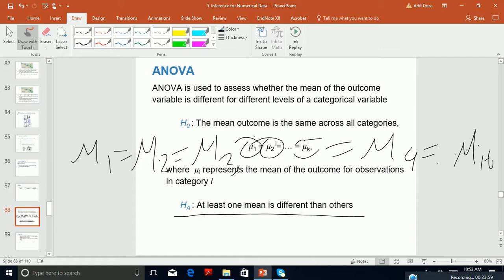They say it should be about the same in Michigan, Ohio, Indiana and Wisconsin. So that's the hypothesis, the null hypothesis. If it is the same in all states, then maybe it's a good policy, right? But even if one of the states is different, then it is a cause for concern, right?